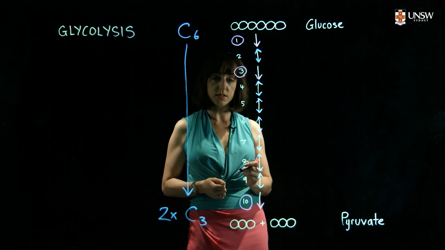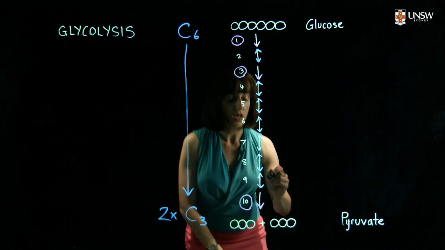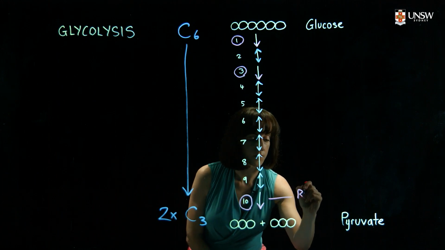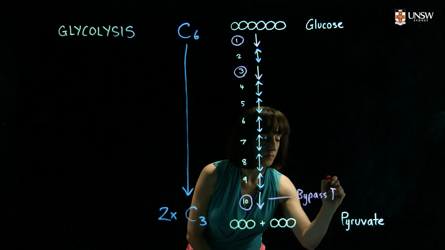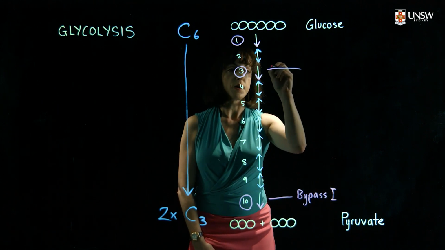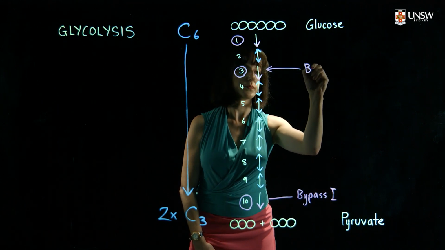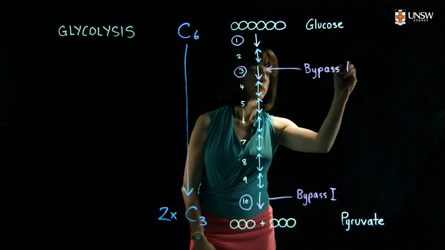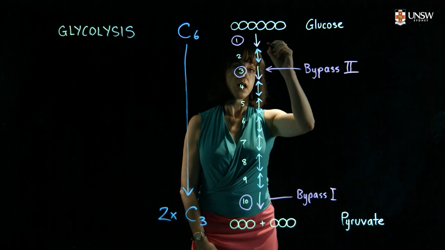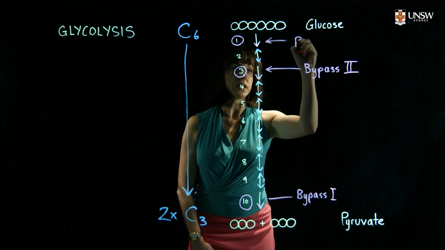And in gluconeogenesis, we refer to these 3 steps as bypass 1, bypass 2, and bypass 3.